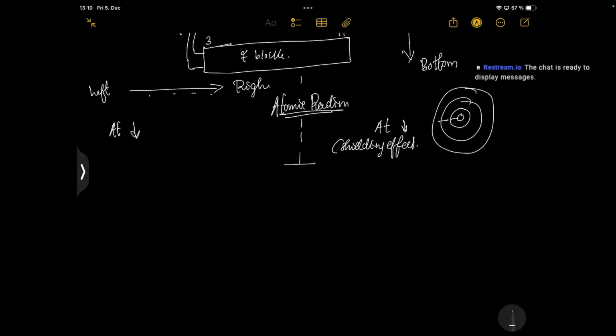Now, electron affinity, ionization energy.